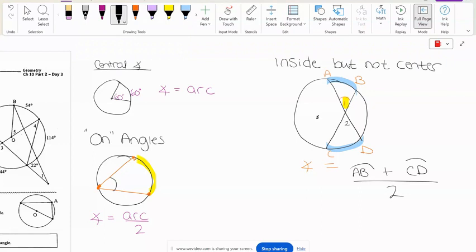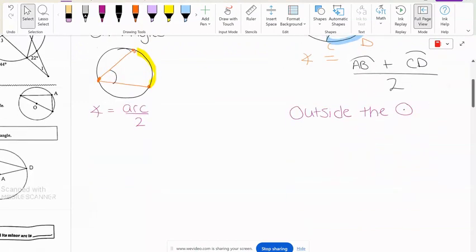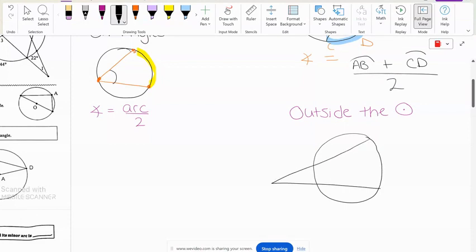All right, there was one more category, and we said if the vertex of the angle is outside the circle, that could look something like a secant angle, something like that.